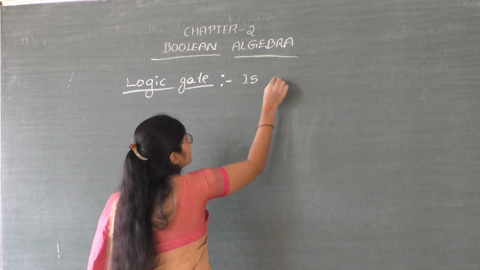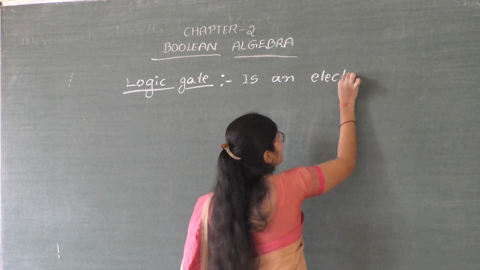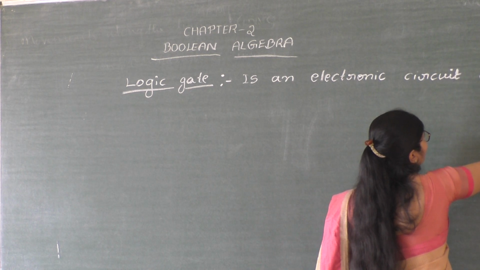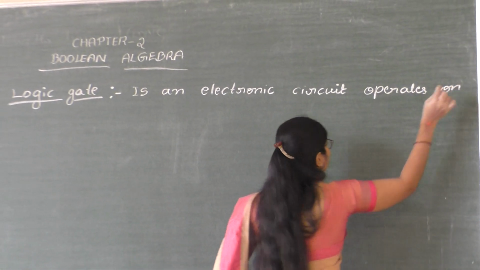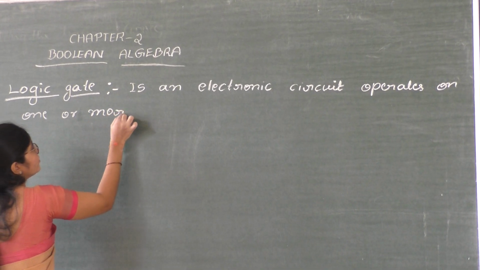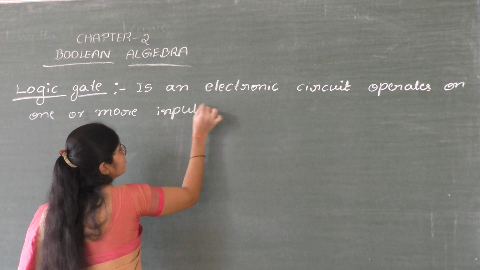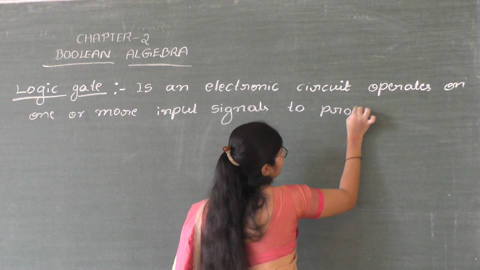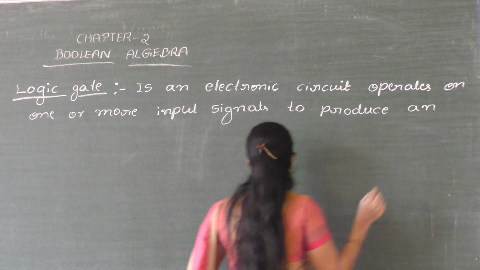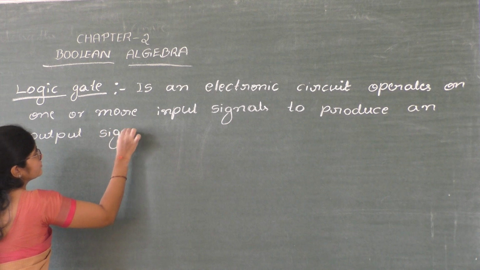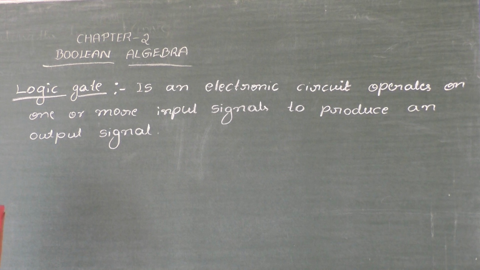Logic gate is an electronic circuit which operates on one or more input signals to produce an output signal.